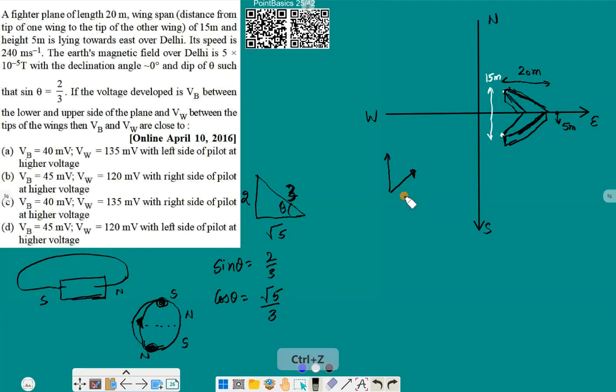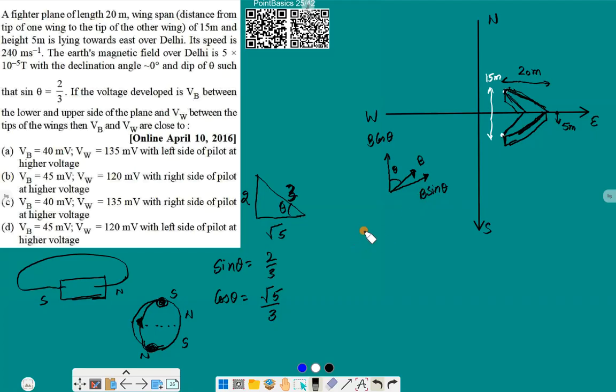So let me draw it properly. It will be in the plane of the paper, and this is the angle theta here. So we have B here, and we will have B cos theta here, that will be in the south to north direction, and we will have B sin theta here, that will be going from top to the bottom of the paper, or going into the plane of the paper, the B sin theta component.